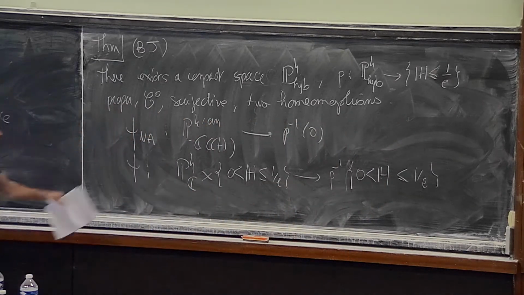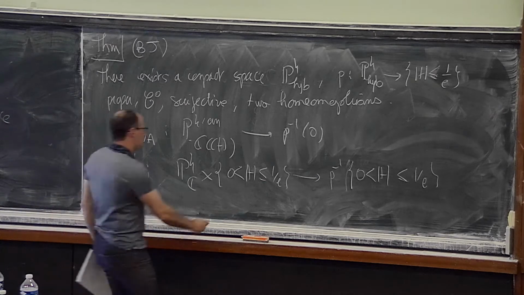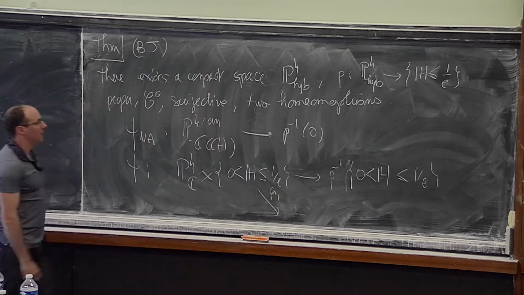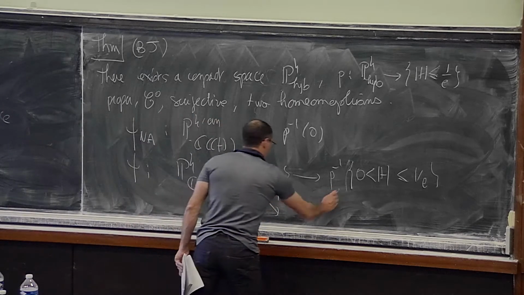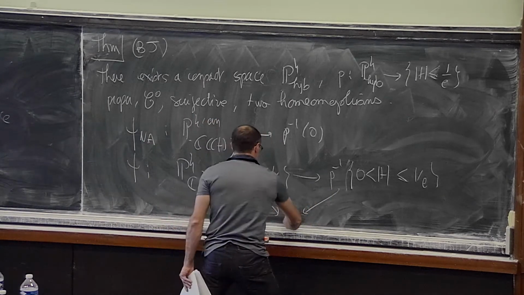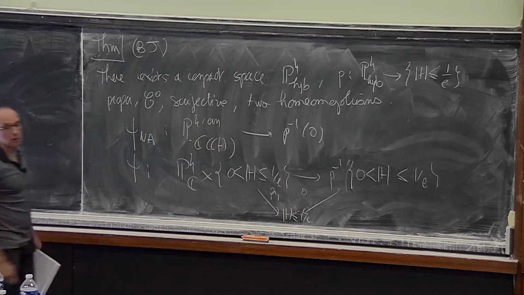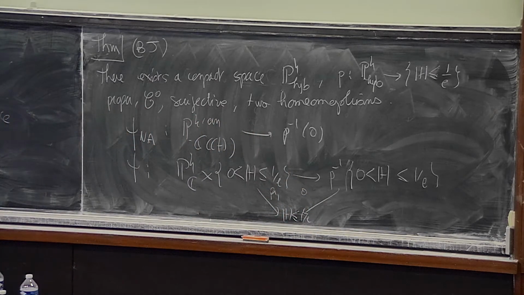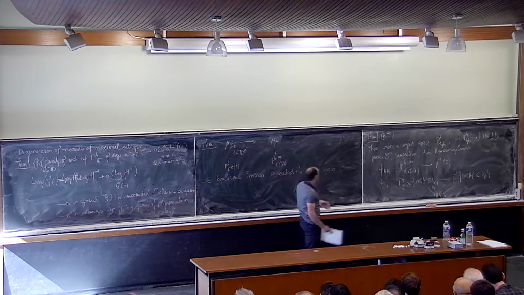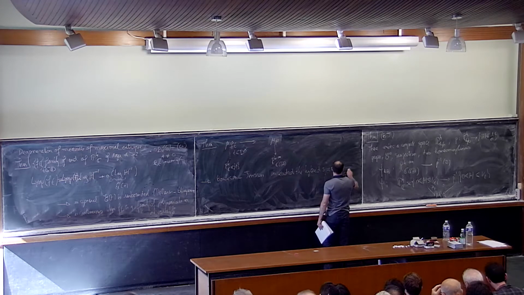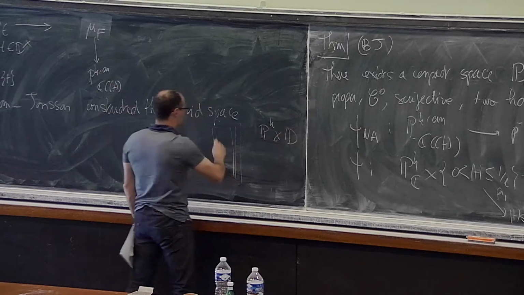And here you have two projections. You have the first projection, and here you have the map P. So it goes down to the same disk, and this diagram is commutative. Okay, so what is the picture? You start with P^k across the disk.